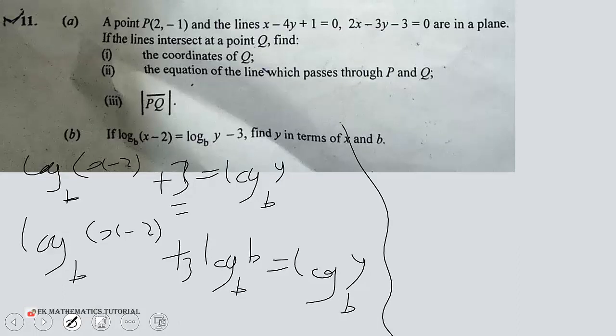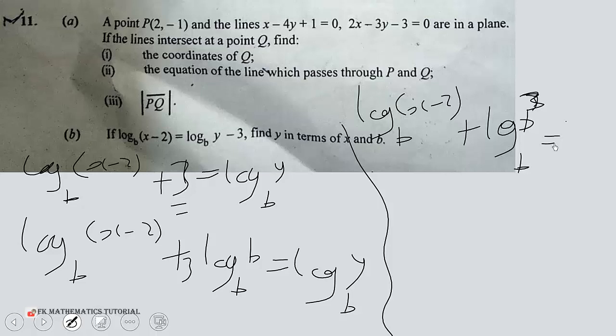So this is the same as log base b x minus 2 adding to log base b exponent 3, by the law of logarithm. So this is exponent 3 is equal to log base b of y.